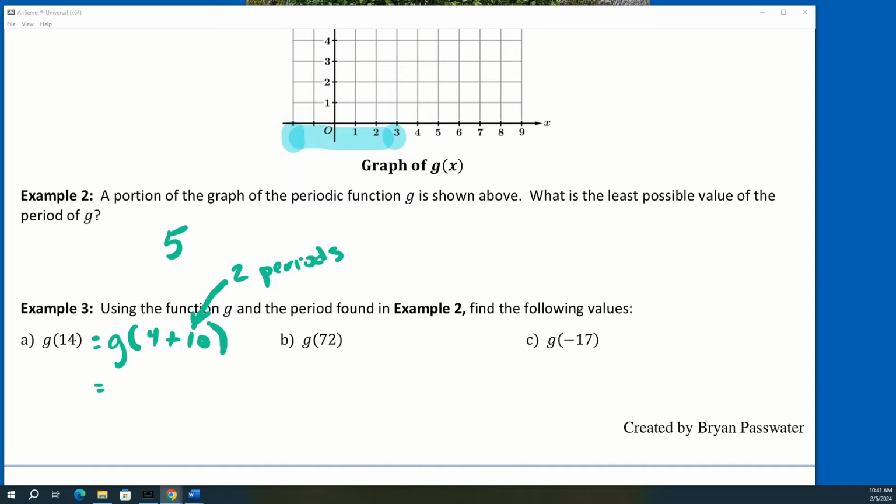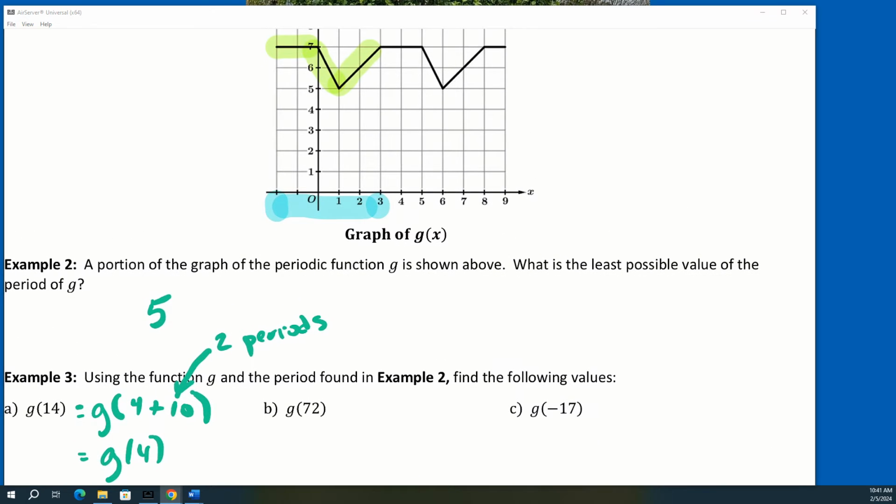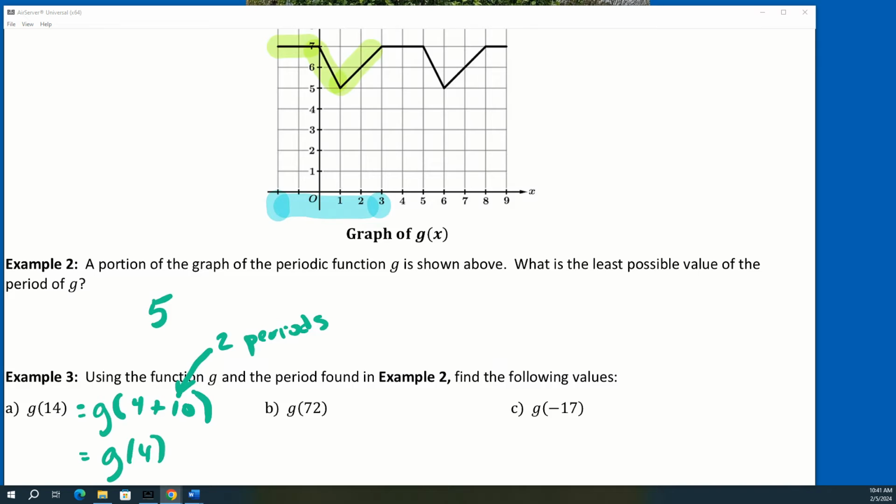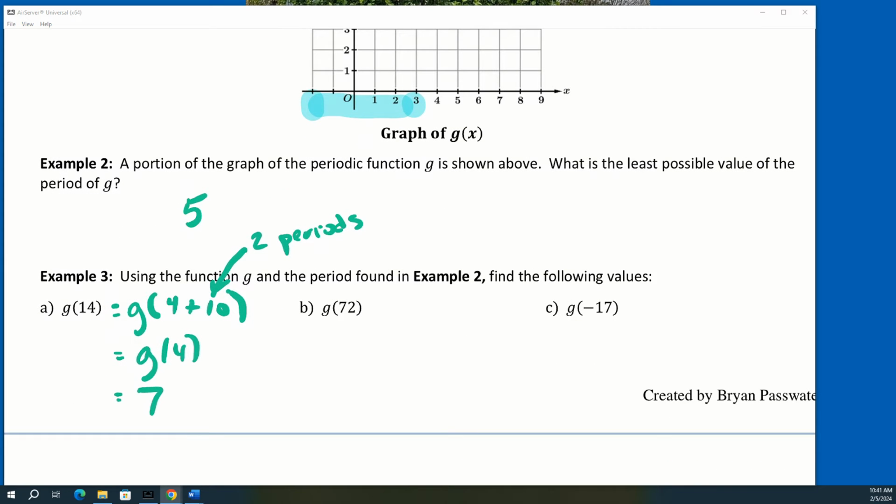So what you can do at this point is just drop off that multiple of 5, because that is going to end up giving you that same thing. That was g of 4. So you can drop off a multiple of 5. And then looking at your graph, what is g of 4? 7. And that's it.